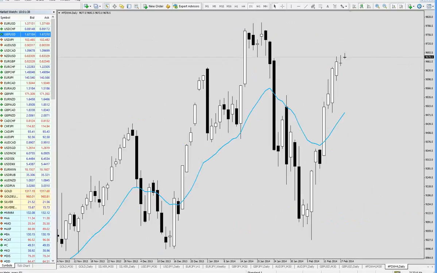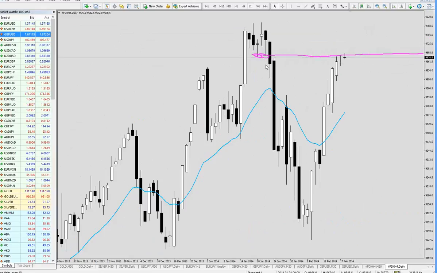It's quite bullish, but there is a first warning sign here: around resistance, and right now we are testing the resistance.